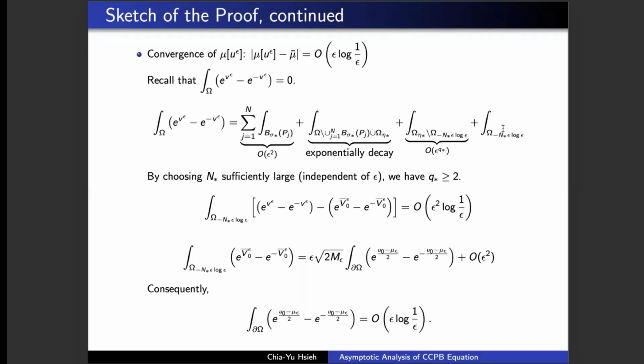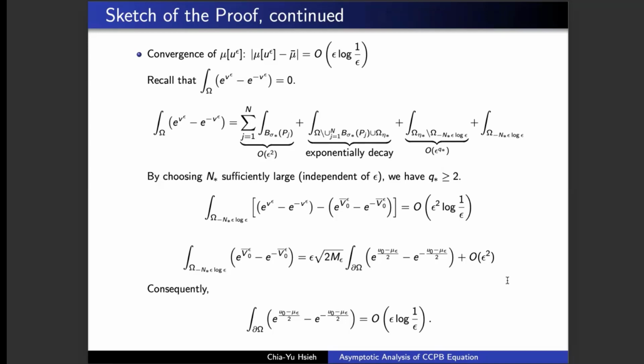So what remains is the last integral. For the approximation of the small v, we will have a difference of order epsilon square log 1 over epsilon. On the other hand, if we just take the approximation function in this integral, we will have epsilon times some bounded coefficient times this integral, with some epsilon square error term.